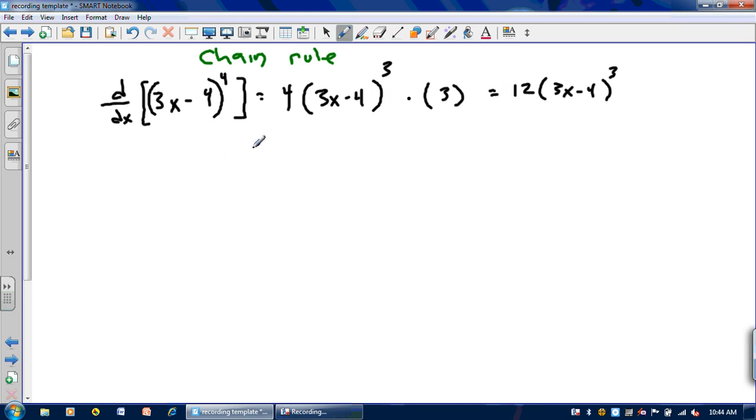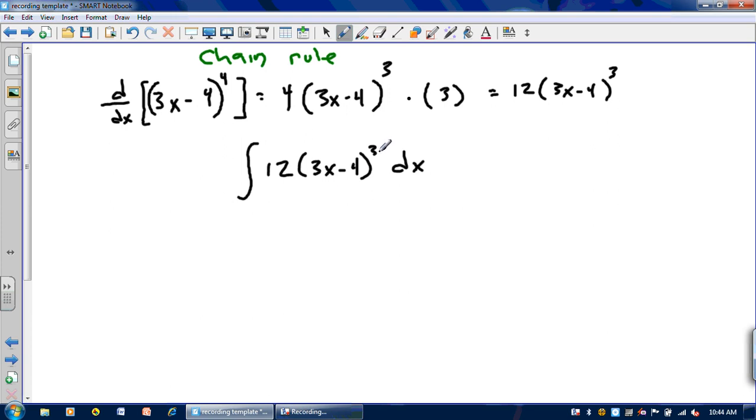What we're going to find is we're going to learn how to start integrating functions that look like this. These functions that we are going to integrate are functions that are the result of having used the chain rule to differentiate.